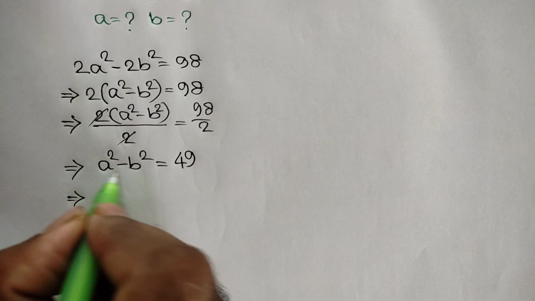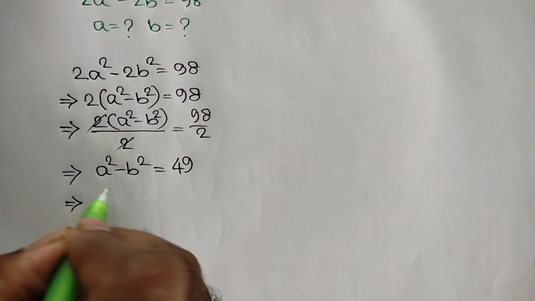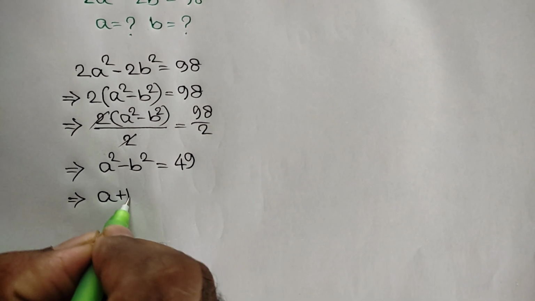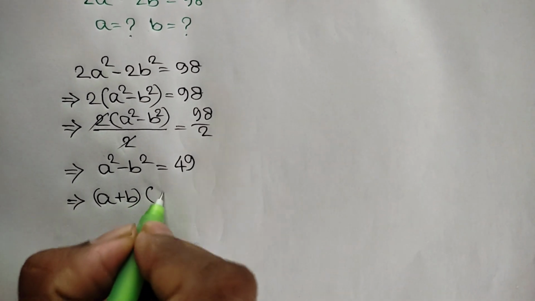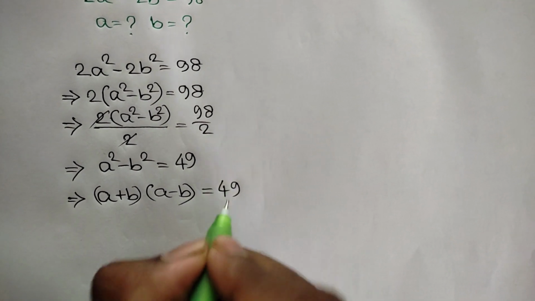Here we can use an algebra rule. The rule is a square minus b square is equal to a plus b times a minus b, which is equal to 49.